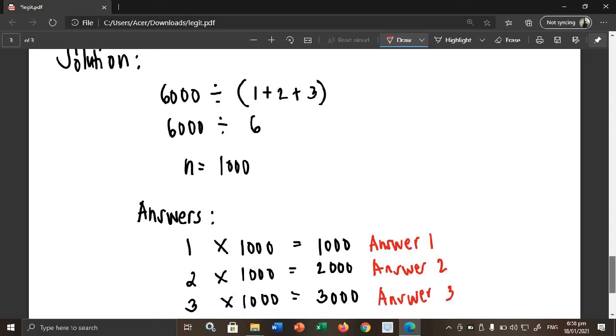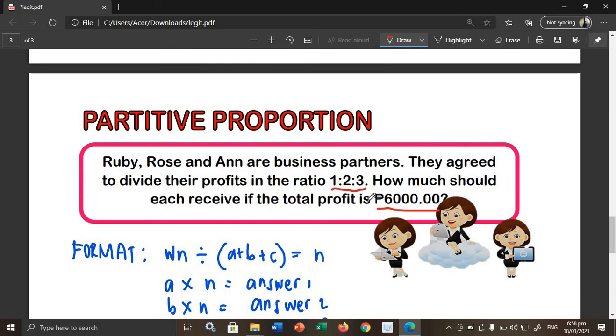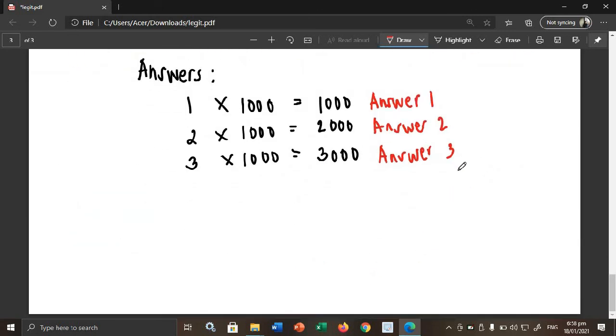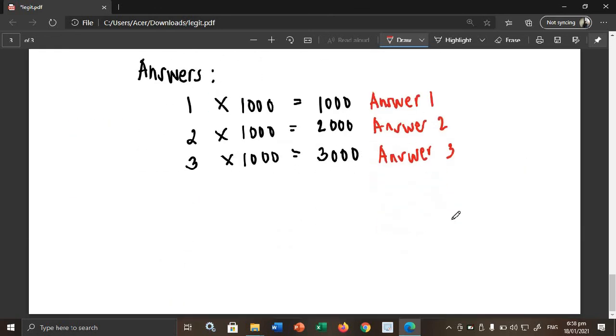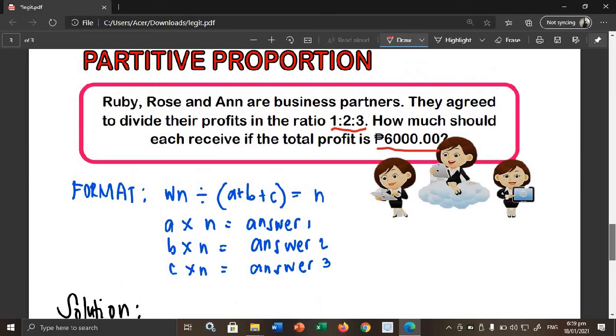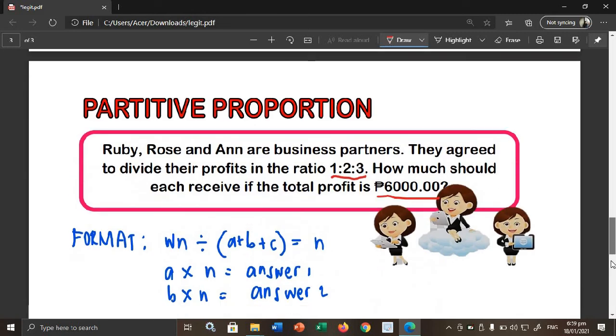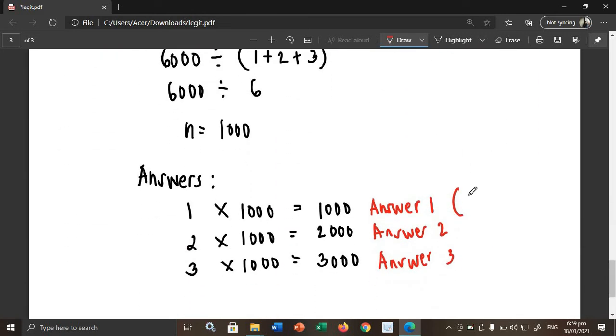And then, for you to be able to find kung kay nino yung 1,000, 2,000, and 3,000, that will be according to the position of the girls in this problem. So, Ruby, Rose, and Anne. Si Ruby yung 1, si Rose yung 2, si Anne yung 3. So, therefore, yung 1,000 na profit ay kay Ruby kasi siya yung unang na-mention dun sa problem.